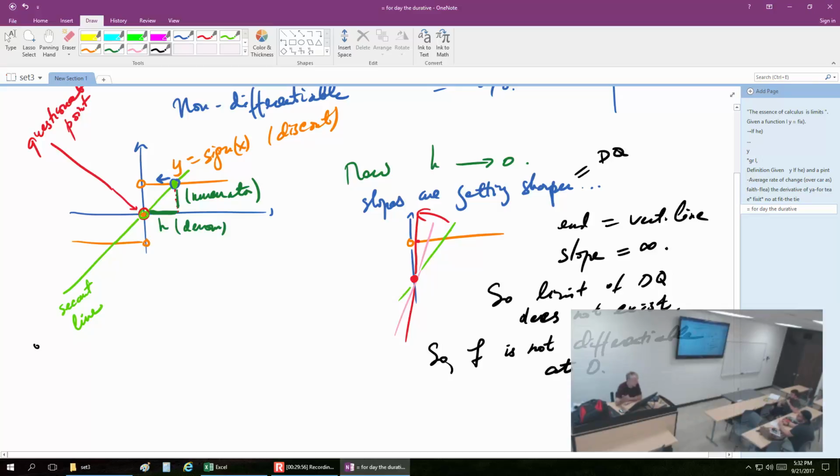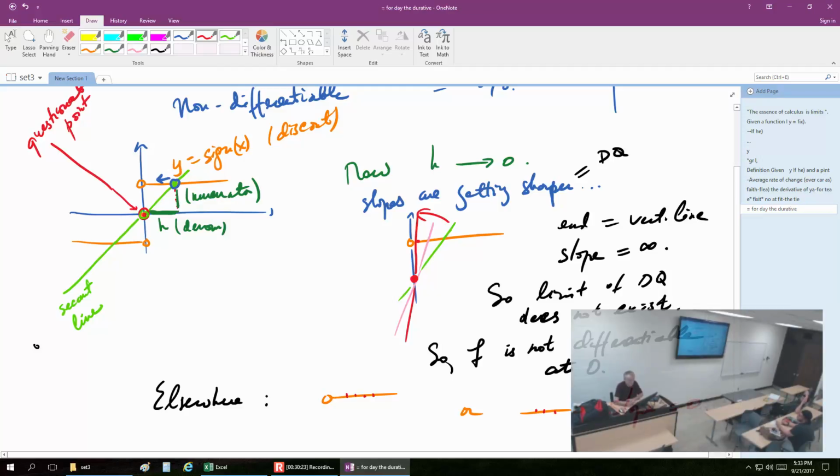If you step away from 0, then there is nothing going on. Either you have this or you have that. There are only two branches left, and whichever point you pick, you cannot pick the endpoints. Any point you pick on the graph, what's the slope? Slope is 0.